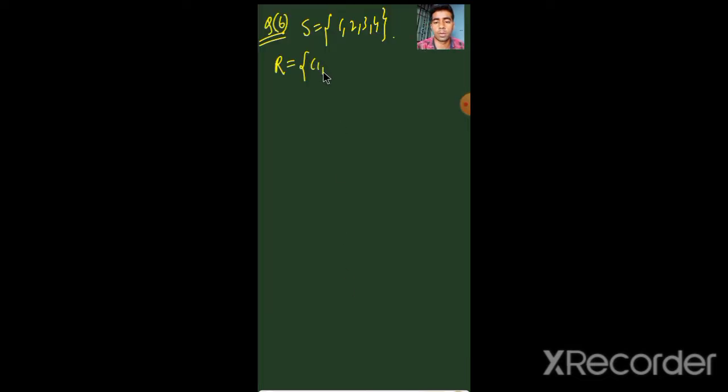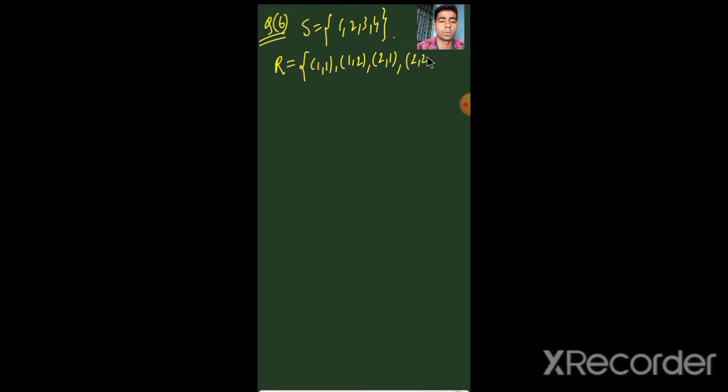Question number 6: S is given by 4 elements 1, 2, 3 and 4, and a relation R is defined on S by (1,1), (1,2), (2,1), (2,2), (2,3), (3,2), (3,3), (3,4), (4,3).